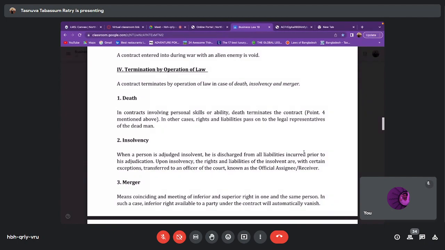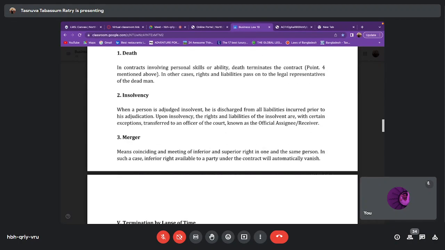So সেই সিঙ্গার যদি এখন কোনো কন্ট্রাক্ট থাকে যে সে কোনো একটা মিউজিক প্রডিউস করবে, কম্পোজ করবে, can he do that now? No, because he is no more. So in contracts where it involves personal skills or ability of a person, death of that person will terminate the contract. That is also a situation where a contract is terminated by operation of law.